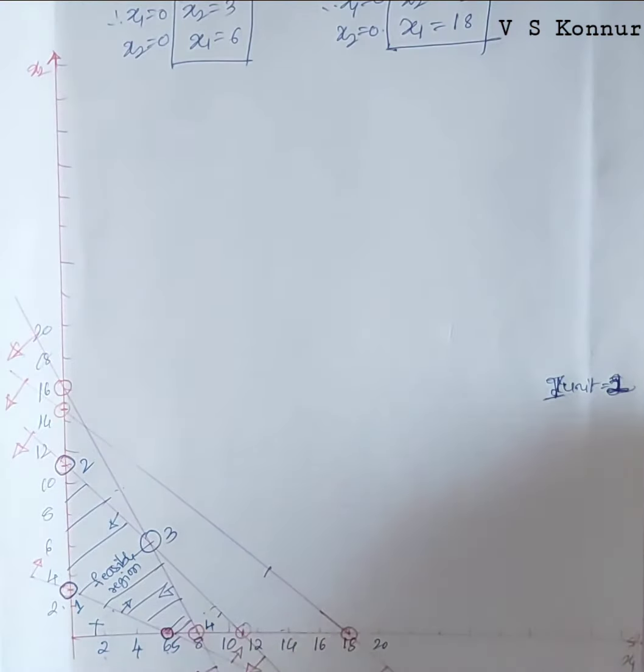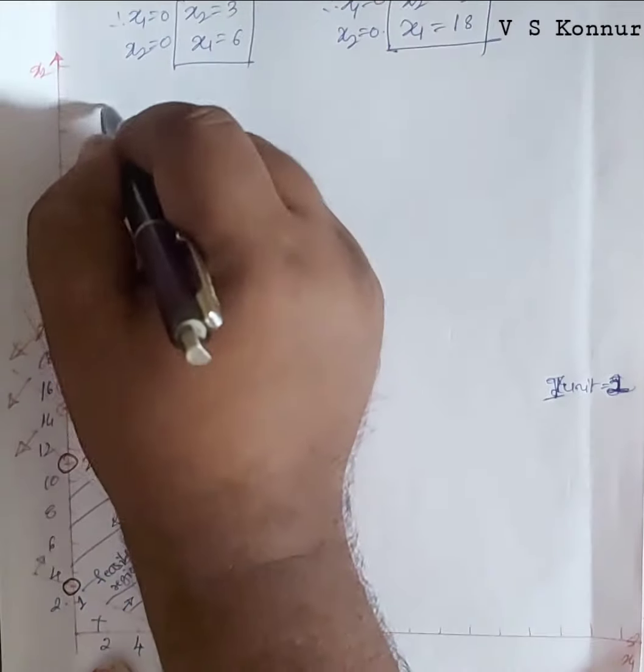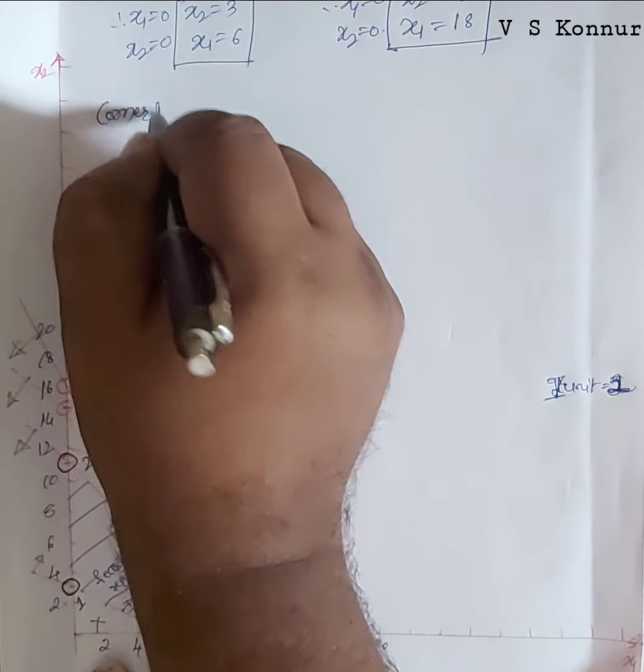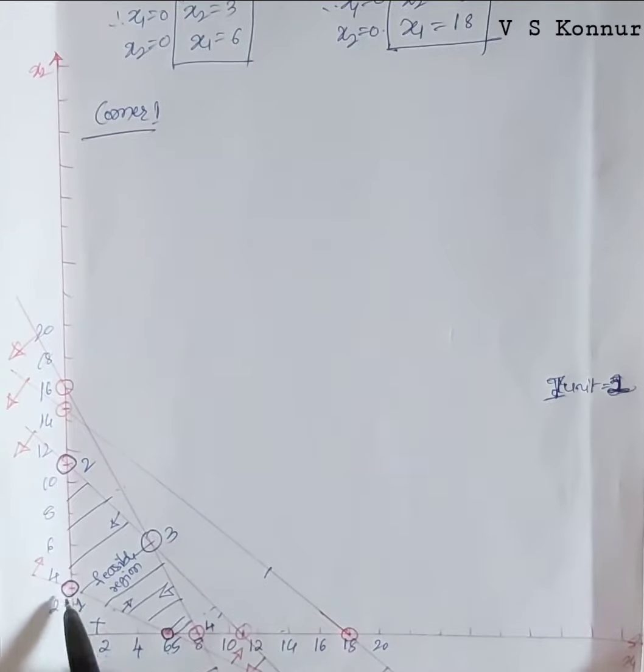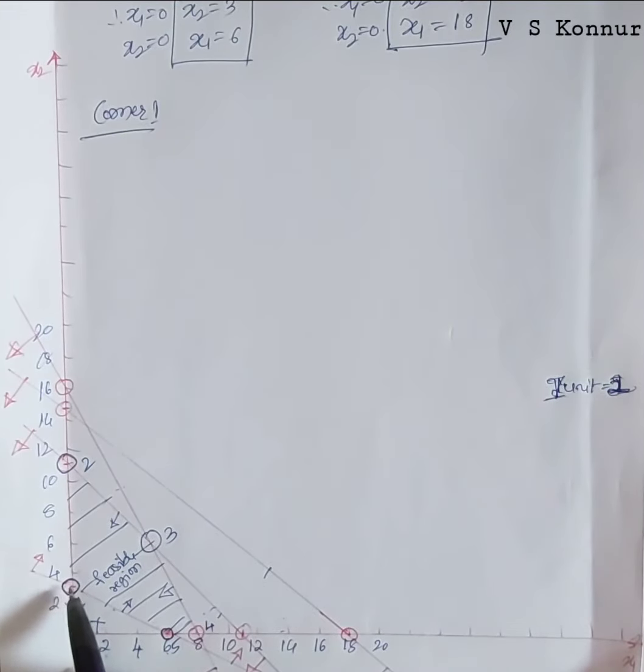For all the 5 corners we have to calculate. Now we'll take the first corner. This is corner 1.